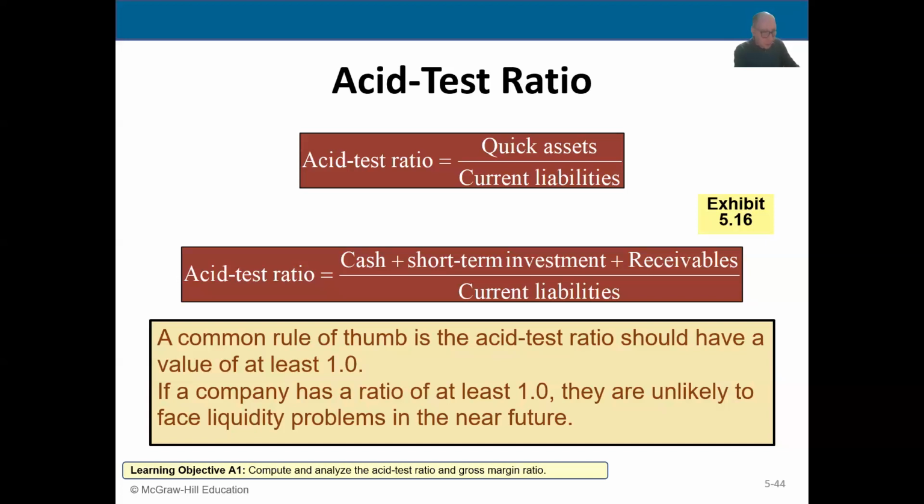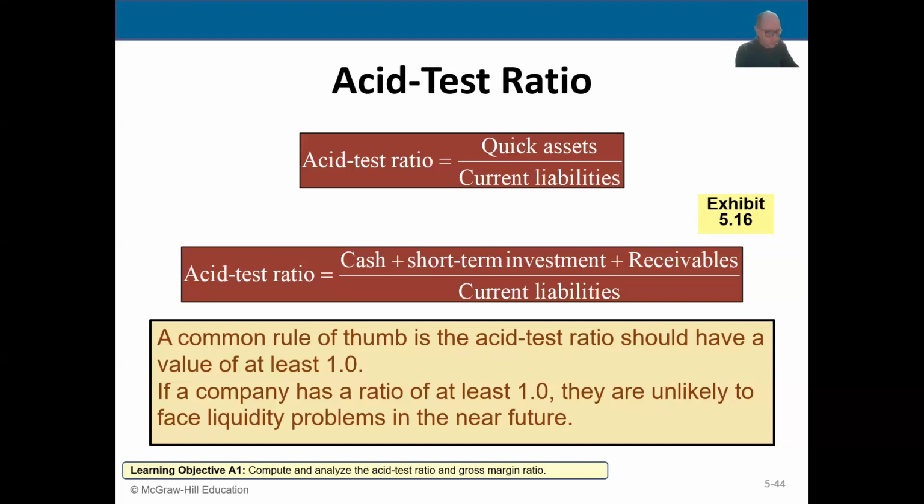The acid test ratio is different from the current ratio because the acid test ratio excludes things like inventory and prepaid expenses, because it takes longer to clear those. So for the acid test ratio, we take cash plus any short-term investments plus accounts receivable, divided by current liabilities.